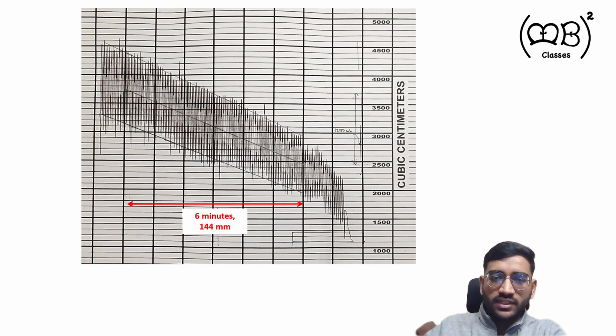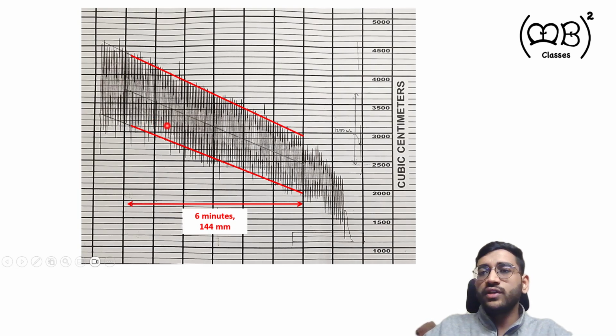Now for this 6 minutes we draw two lines on the upper part of the graph and the lower part of the graph, intersecting most of the points. The peaks which are going above the line and the peaks which are going below the line should be equal, so that we get an accurate average of the peaks.